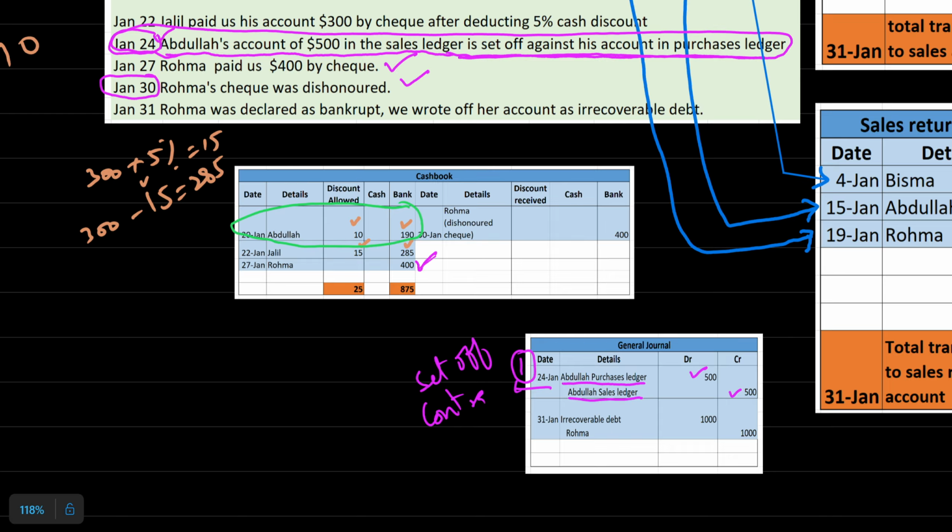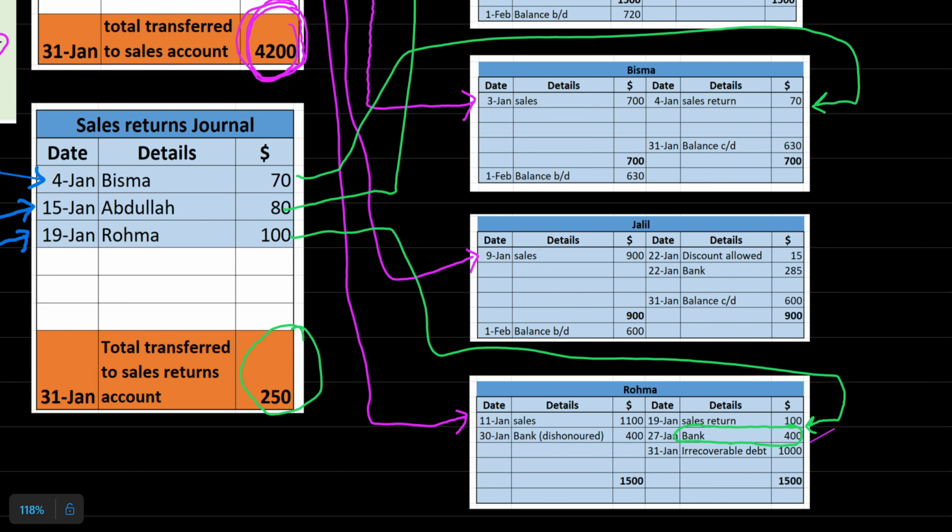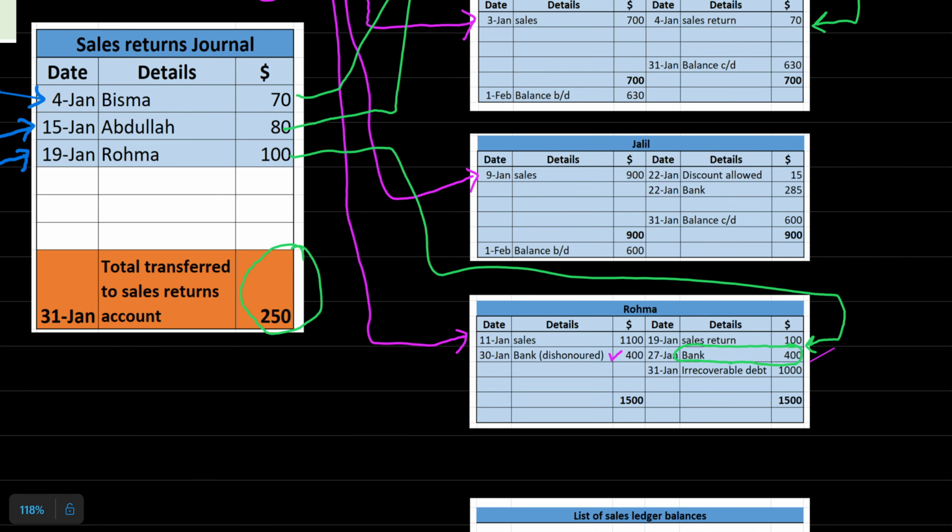So the above transaction of January 27 will be reversed. Now we will make a credit entry in the cash book and a debit entry in Rohma's account to cancel out the effect of the previous entry of the check received from Rohma.